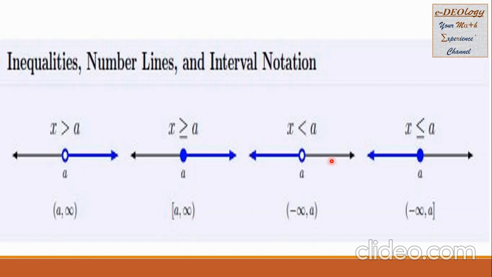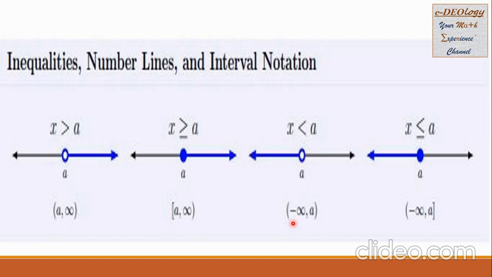The third form is x is less than a. The reference number a is here, and then all numbers that are less than a are those numbers that are on the left of a. And this is going to -infinity. And also, on top of a, that this a is not part of the solution, we put a hole on the a.